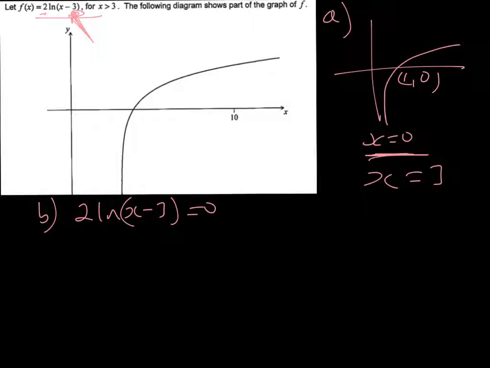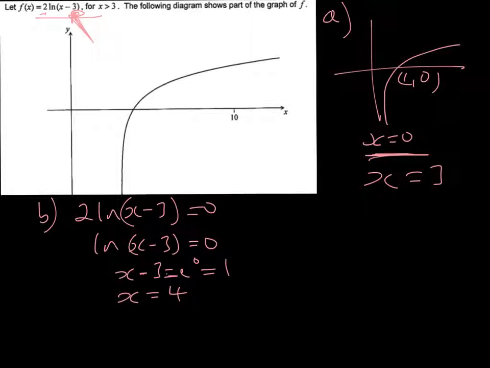For this, you could solve it graphically on the GDC, or alternatively, if you wanted to work it out, then you would say that ln(x minus 3) is going to equal 0, dividing by 2, and therefore x minus 3 is going to equal e to the power 0, which is going to equal 1, so therefore x equals 4.